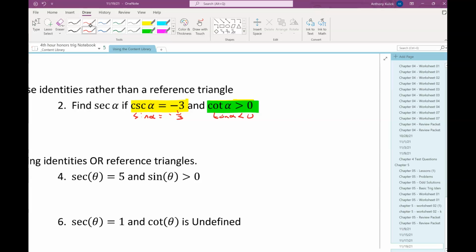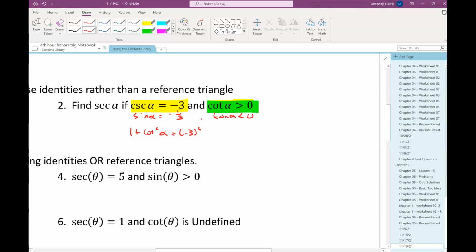So I see that cosecant squared is equal to 1 plus cotangent squared. So that's what I'm going to use. So I have 1 plus cotangent squared, these are alphas, equals cosecant squared.